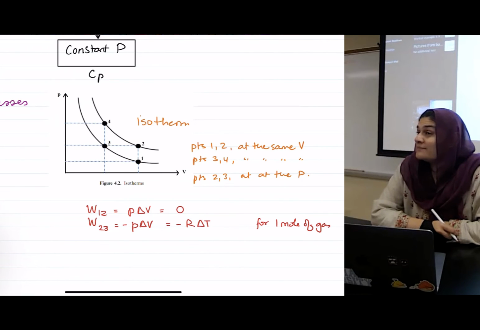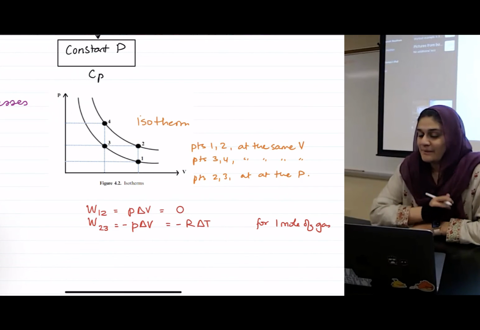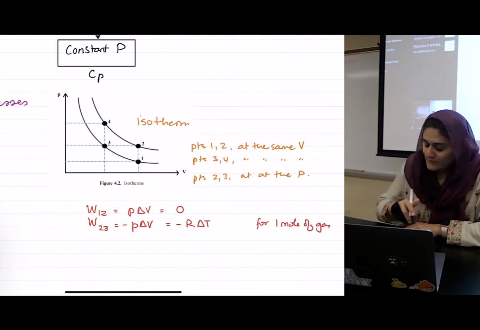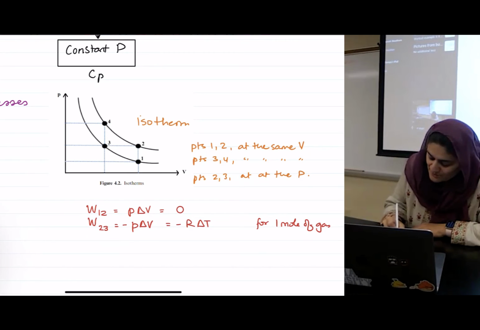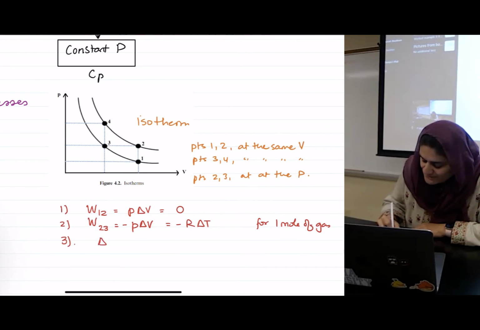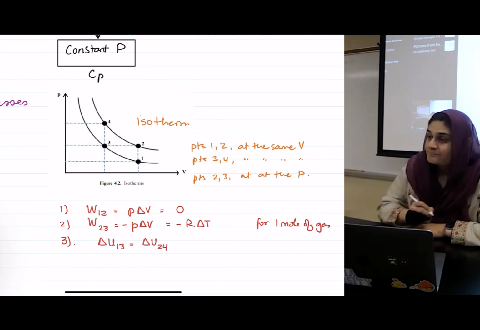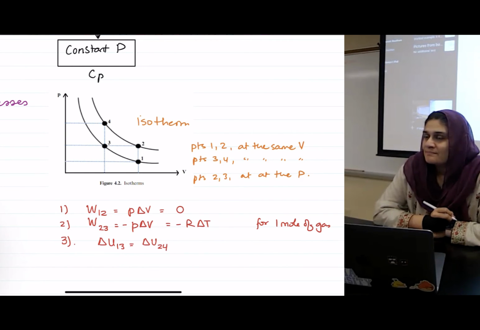PV equals nRT, so P delta V equals nR delta T. For 1 mole, that equation holds too. Now number 3, may I also write the delta U between 1 and 3 is the same as the delta U between 2 and 4? Isotherms?